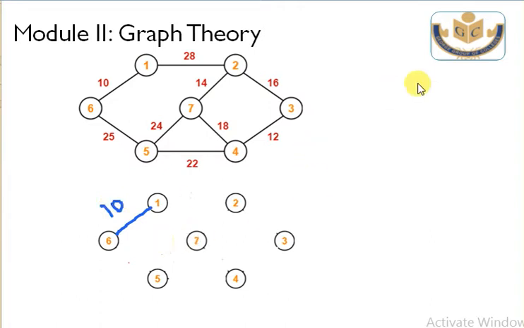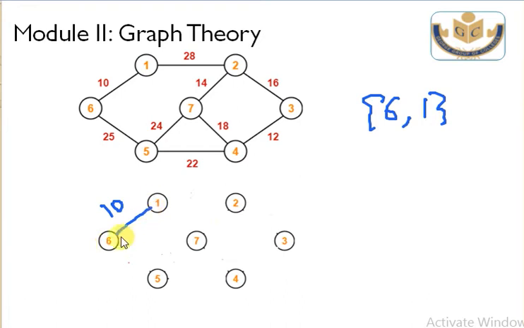10. Okay, now what do I have? I have a set of 6 and 1. These are the vertices.